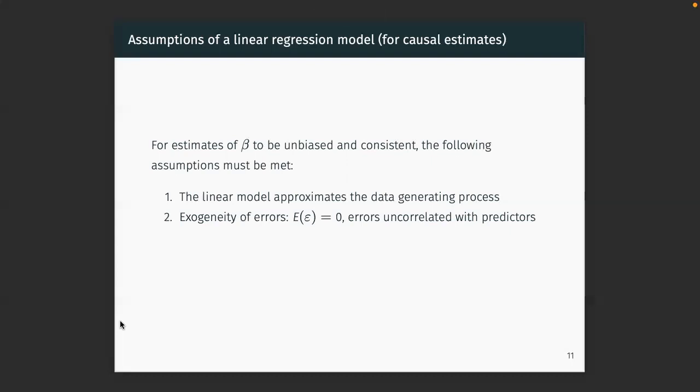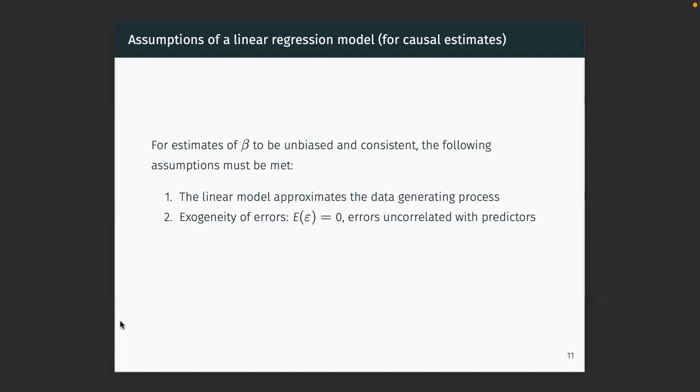Exogeneity of errors. So, anyone know what exogenous means? You may hear the terms exogenous and endogenous in statistical parlance. Exogenous means outside of the system. Endogenous means inside of the system.